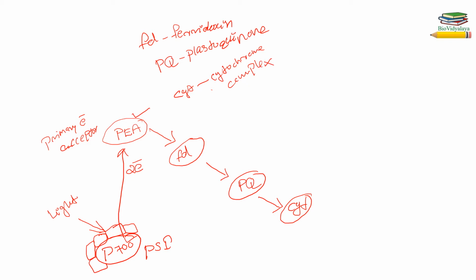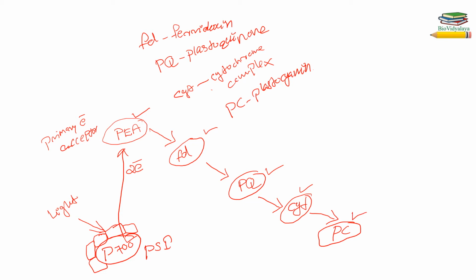And the fourth electron acceptor is PC, plastocyanin. So the electron acceptors are ferredoxin, plastoquinone, cytochrome complex and plastocyanin.